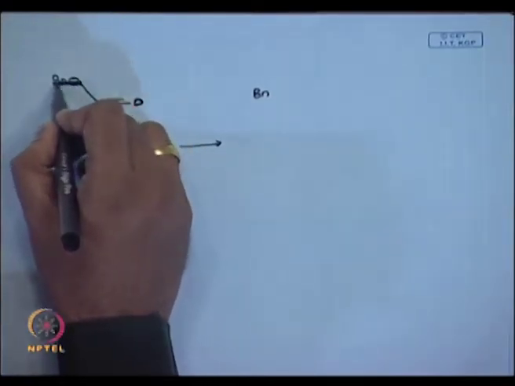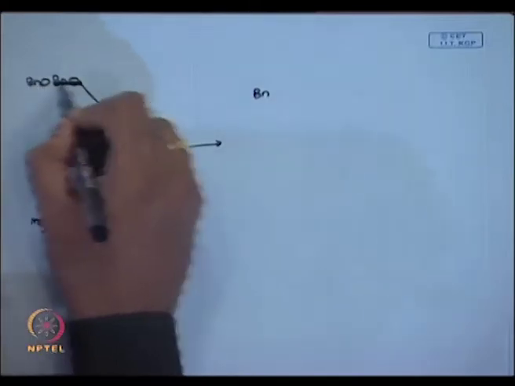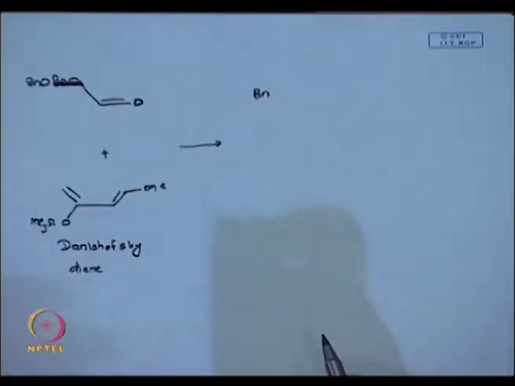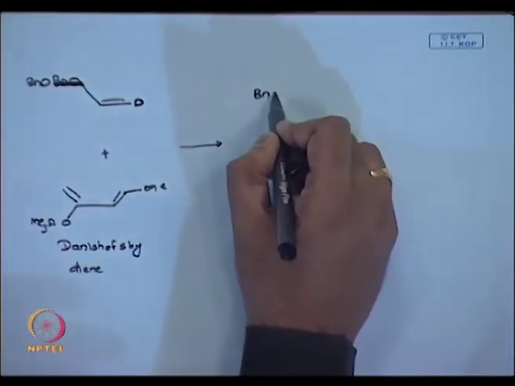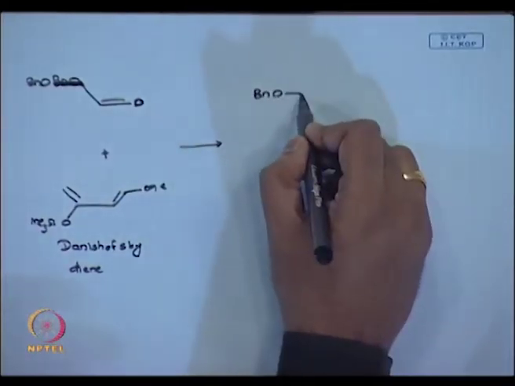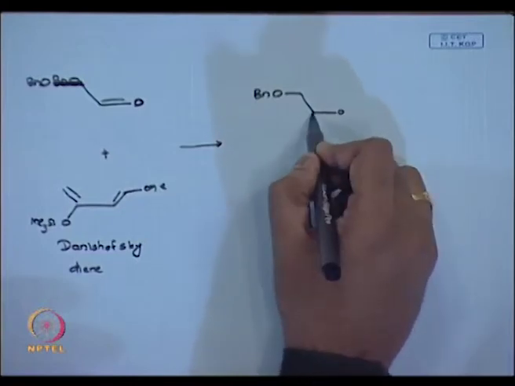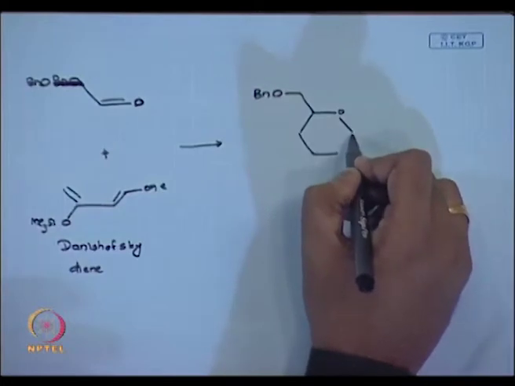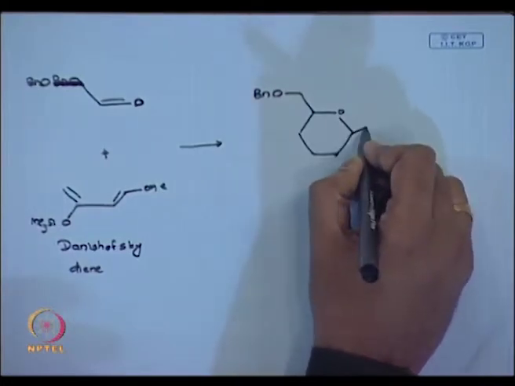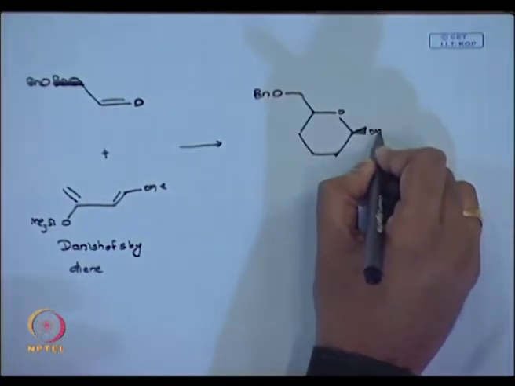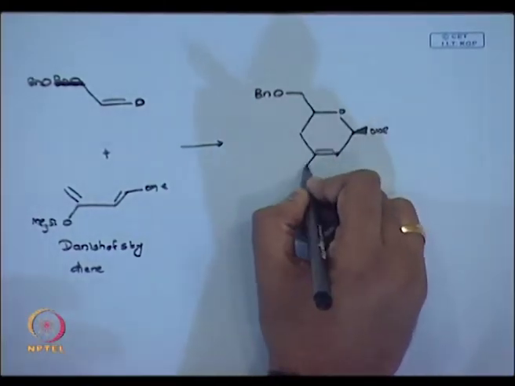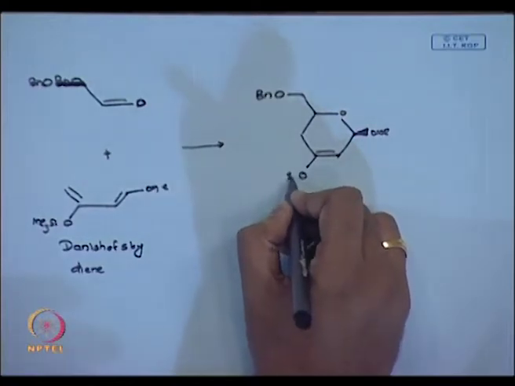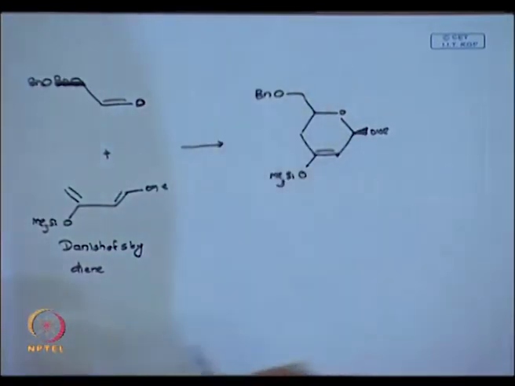Okay, it should be OBn, there is a CS2, fine. So you will have a BnO, and get a nice carbohydrate, a very novel approach for synthesis of carbohydrates.